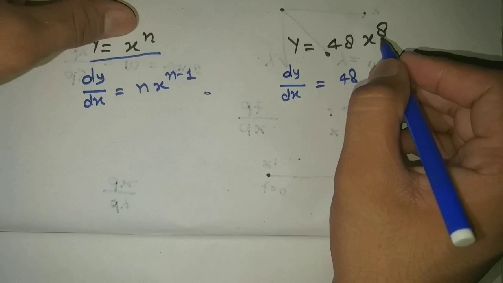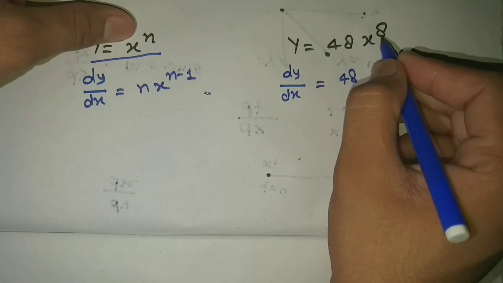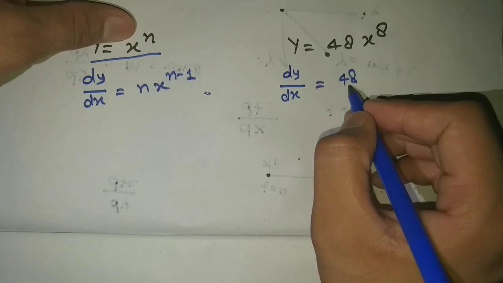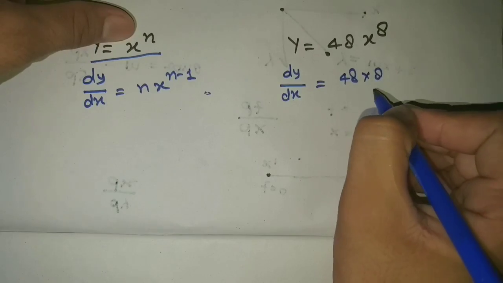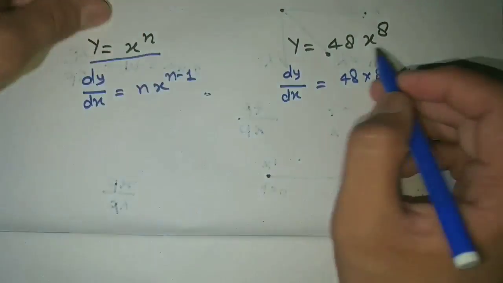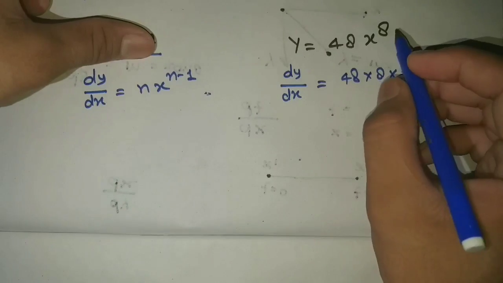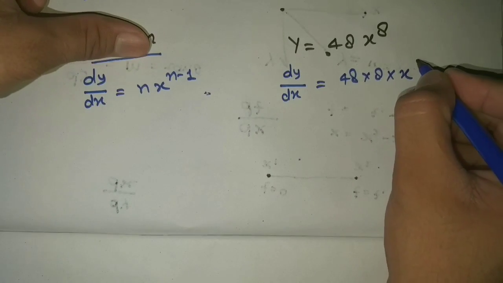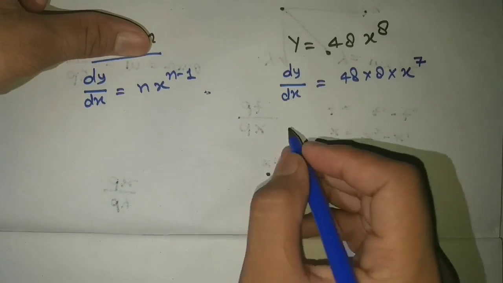So now the power of this x will be multiplied as it is, and the power will be reduced by 1. It is 8, it will be reduced to 7. Here is the answer.